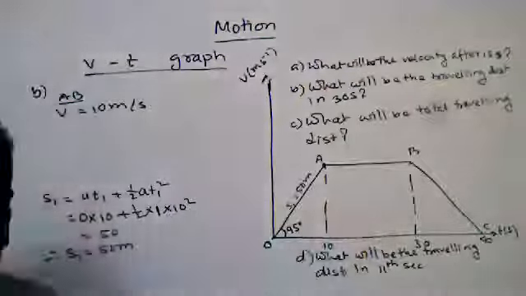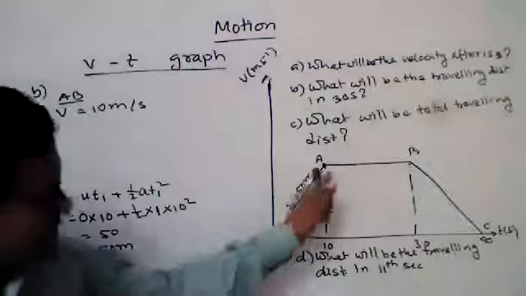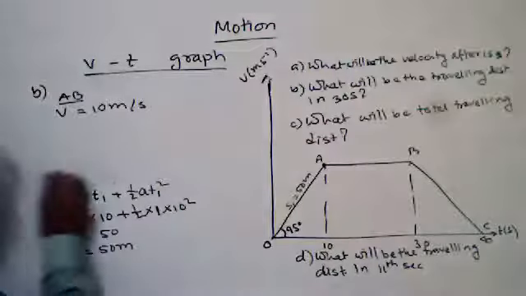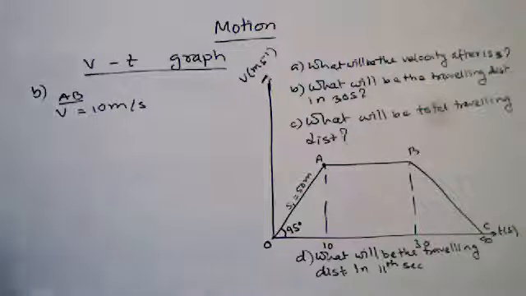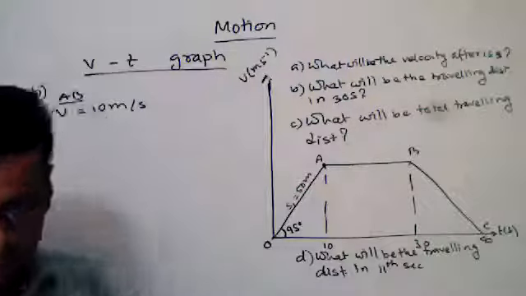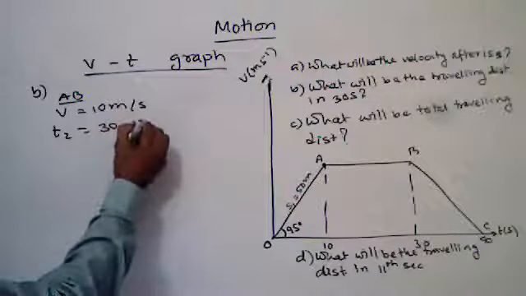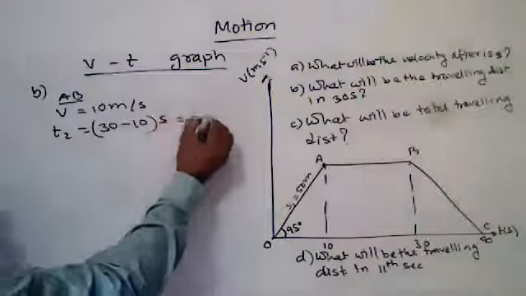By seeing this graph, we can say the body moves at uniform velocity for the next 20 seconds, that means 10 to 30 seconds. Here t2 equals 30 minus 10, it is 20 seconds.